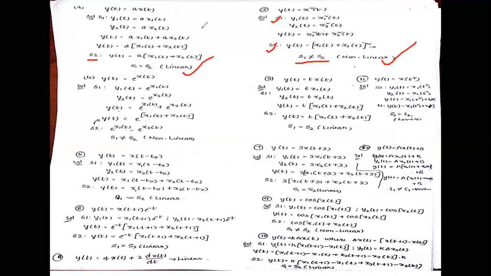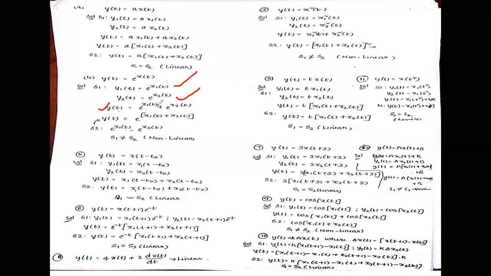Now the fourth one you can see here. Fourth one, y of t is equal to e power x of t. Now I am taking y1 of t is equal to e power x1 of t, and y2 of t is equal to e power x2 of t. Add the two functions, y of t is equal to e power x1 of t plus e power x2 of t.